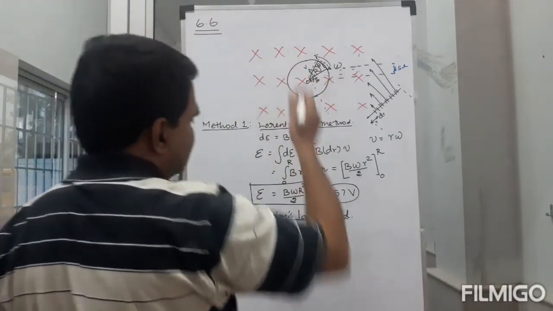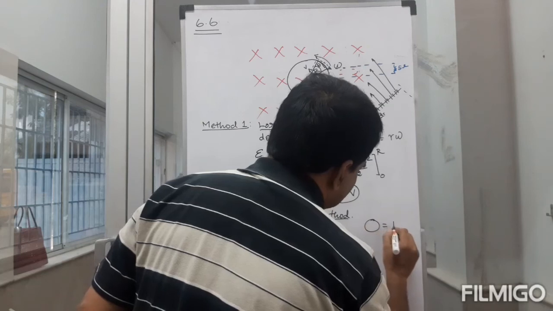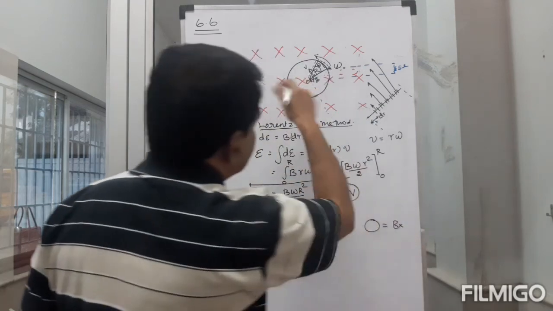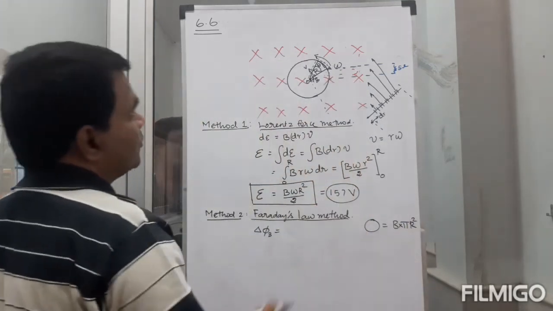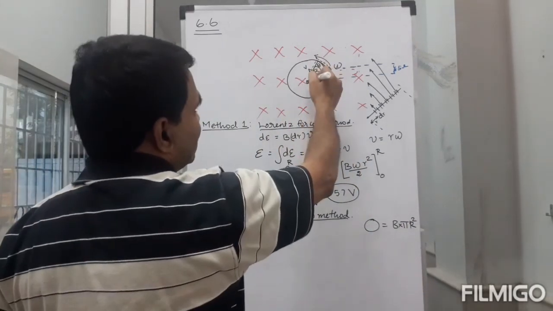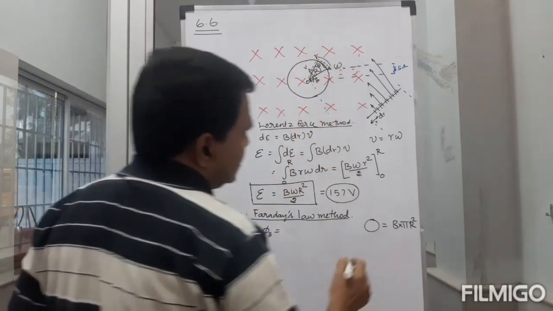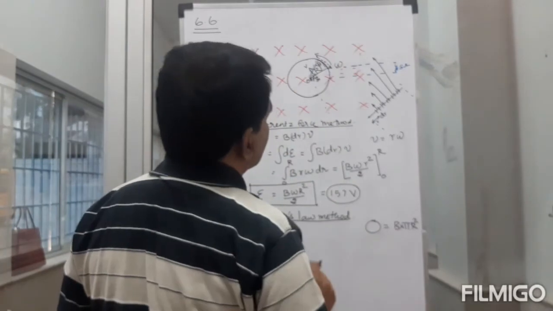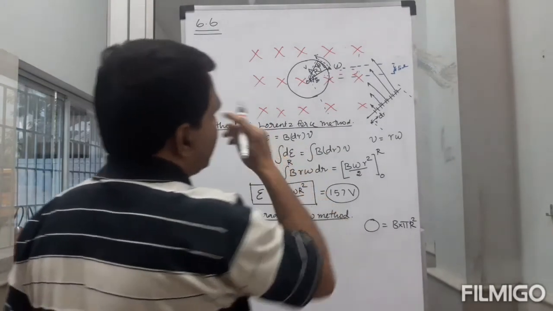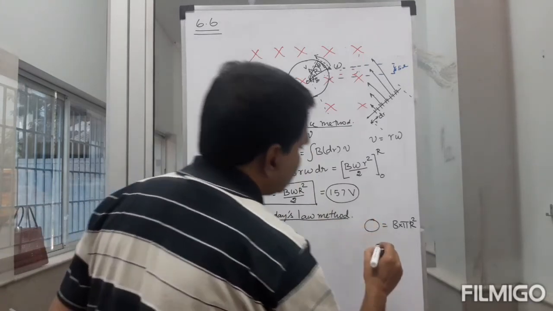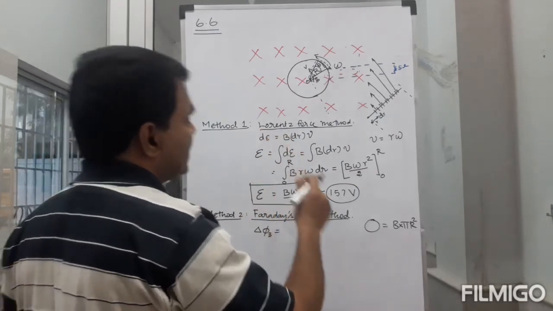So what's the total amount of flux in the circle? In the entire circle, the flux will be B into the area of the circle, which is pi r squared. It's the total amount of flux. But now you got only one segment, right? So that is the change. So what is that area? From geometry we can do that.